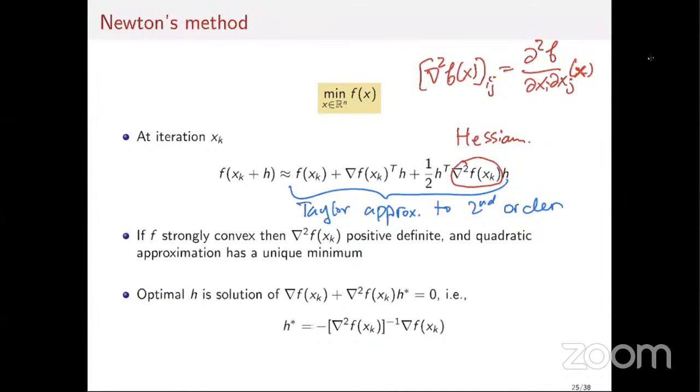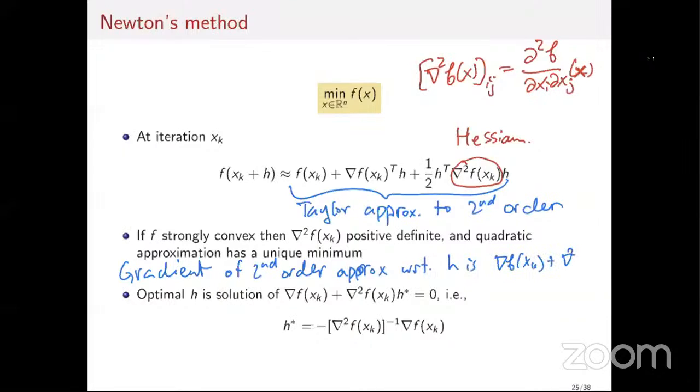So the gradient of the second order approximation with respect to h is the gradient of f at xk plus the Hessian of f times h.